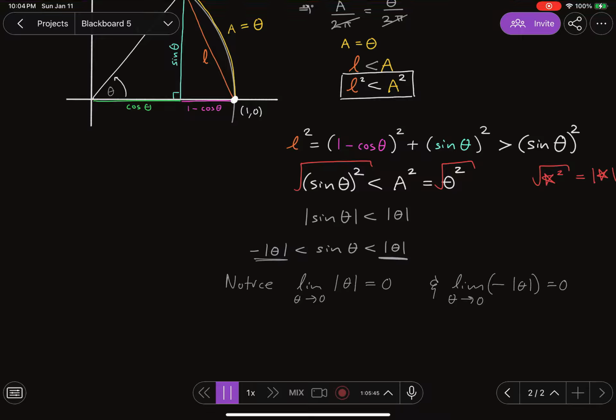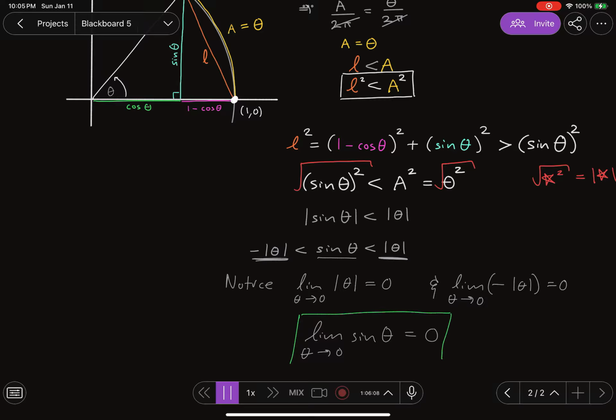In other words, if I took the limit of this guy as theta approaches 0, it is equal to 0, which forces me to conclude that the limit as theta approaches 0 of sine of theta is equal to 0. All right, so this is something that we need to know for sure.